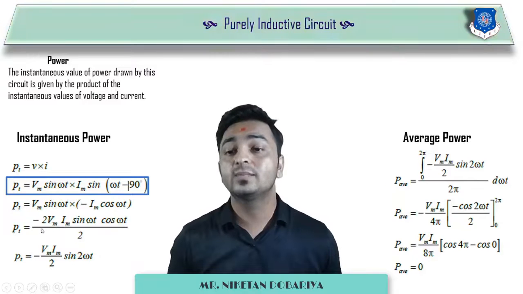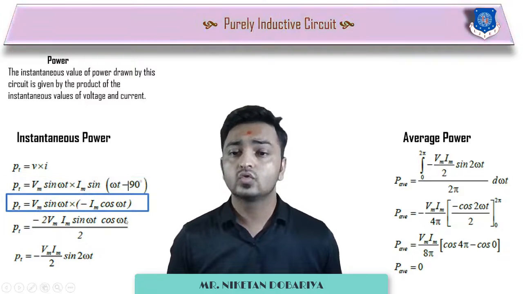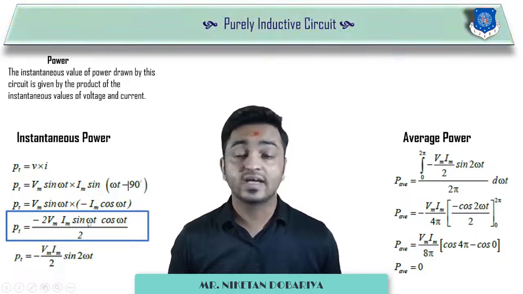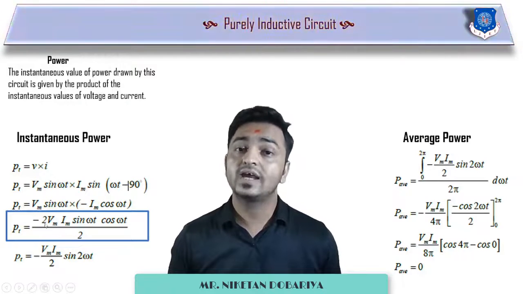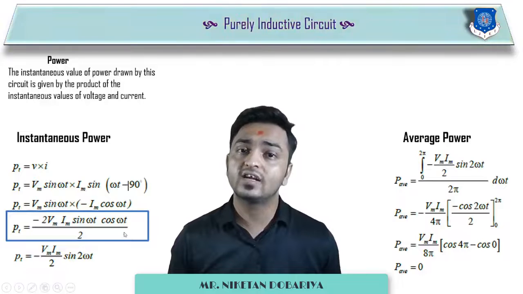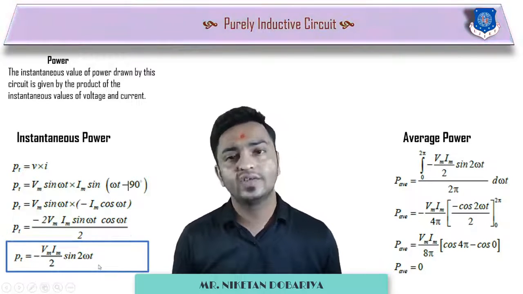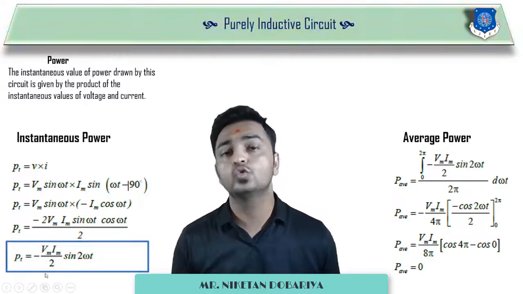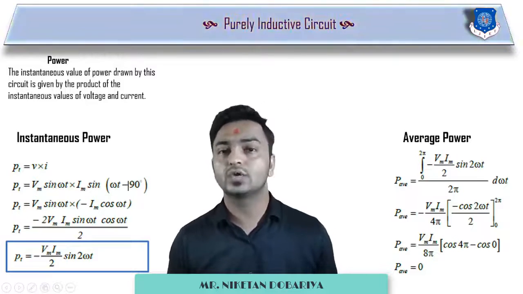That's why we multiplied this term by 2, and similarly we divided this term by 2. So now we have minus 2 times Vm Im sin theta cos theta divided by 2, and this term 2 sin theta cos theta can be converted into sin 2 theta. So now finally we have minus Vm Im into sin 2 theta by 2. So this is the instantaneous power for a purely inductive circuit.